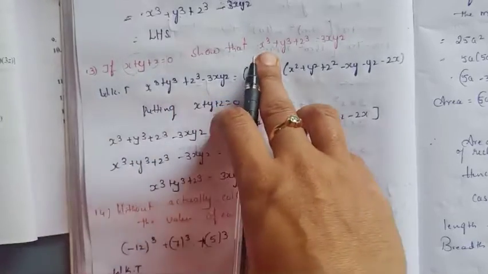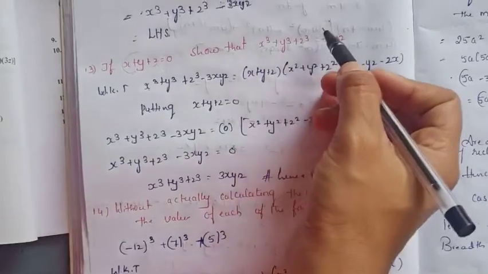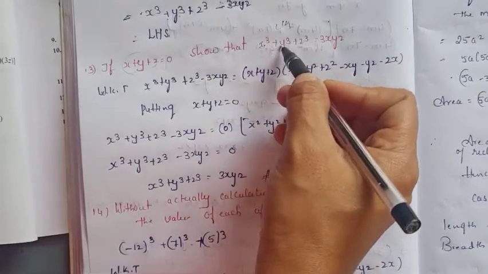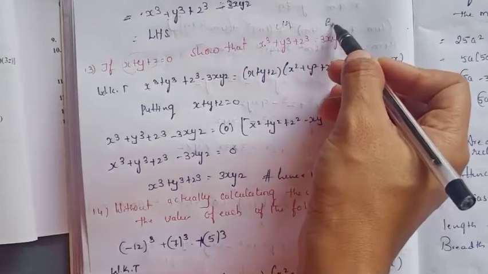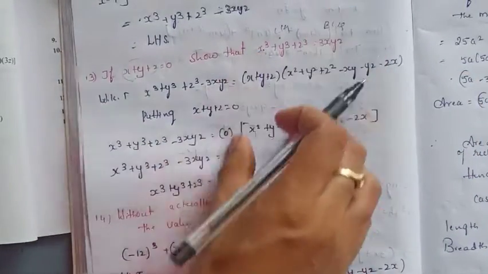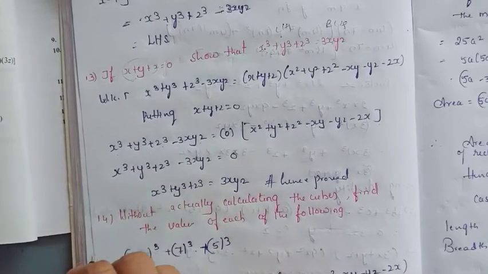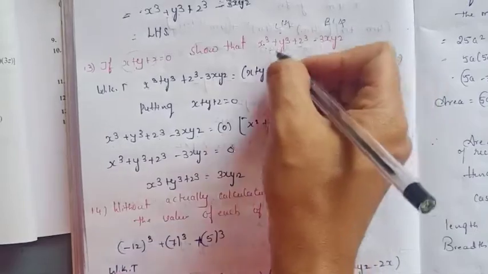See, in what they have given, this is LHS part, x cube plus y cube plus z cube, and this is RHS, making this LHS equal to RHS. Now I am solving the LHS part, that is x cube plus y cube plus z cube minus 3xyz.